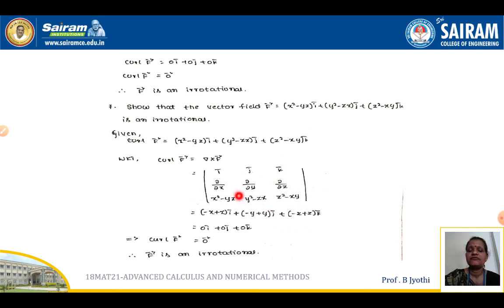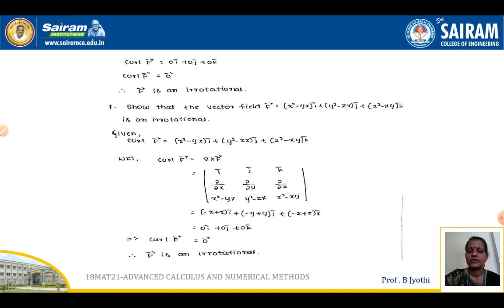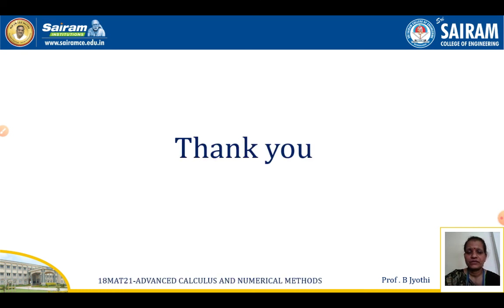And simplify the determinant, that is i into dou y of this minus dou z of y square minus zx, and so on. If we do that, we are getting 0i plus 0j plus 0k, that is, curl f is equal to 0. So when the curl f is equal to 0, we say that f is irrotational. So this proves it is irrotational.